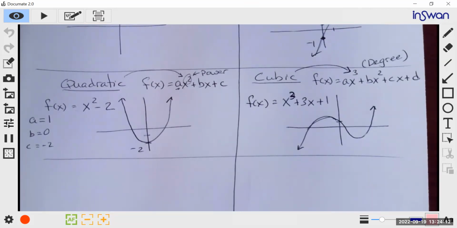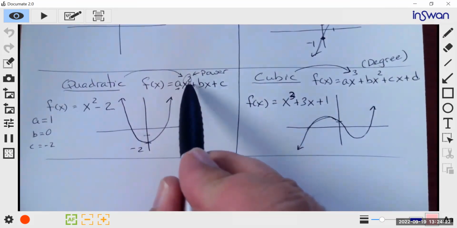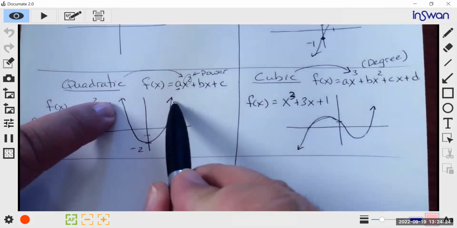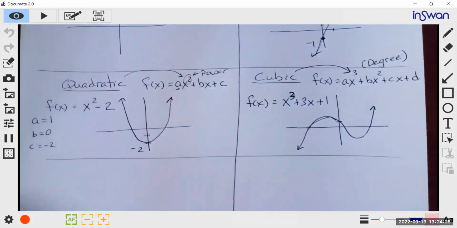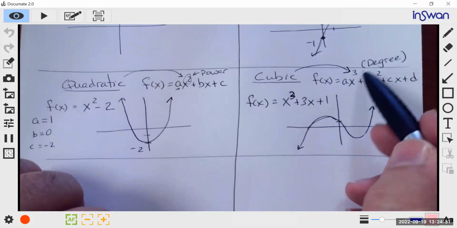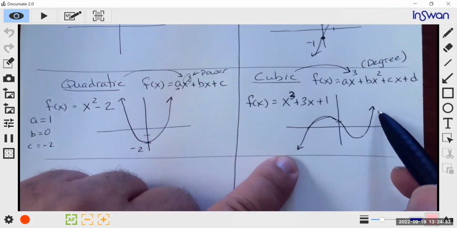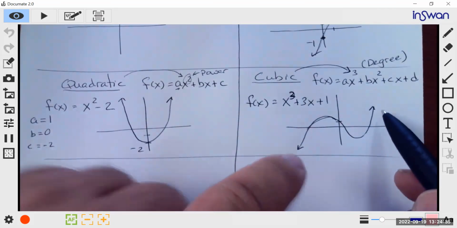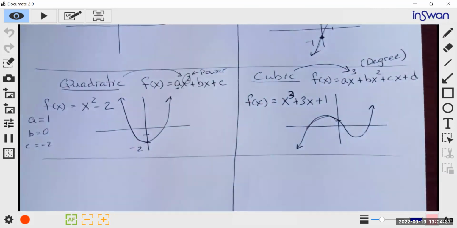So the degree will tell us a couple of things just by looking at it. If the degree is even, we know both ends point the same direction, either they go up or they go down. If the degree is odd, both ends point different directions, either one end down to up or the opposite, they flip. So just by looking at the degree, you know the basic shape of the curve now.